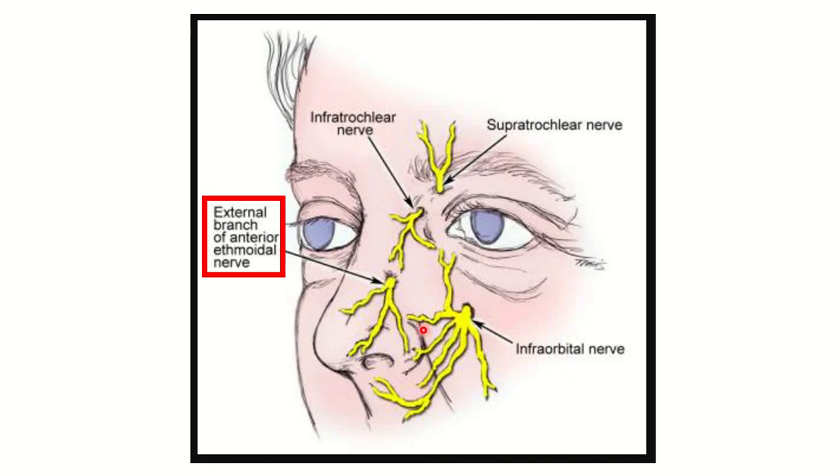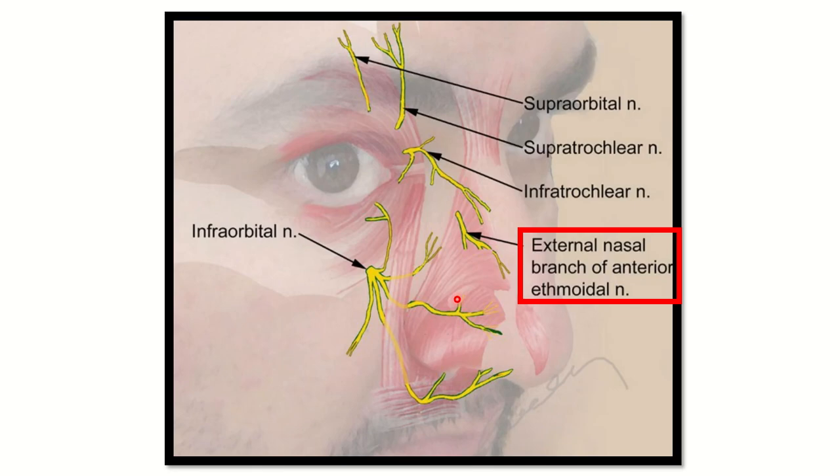So the external part of the nasal skin is supplied by the external branch of the anterior ethmoidal nerve. In the third picture, this is the external nasal branch of the anterior ethmoidal nerve, and it supplies the lateral wall of the nose.